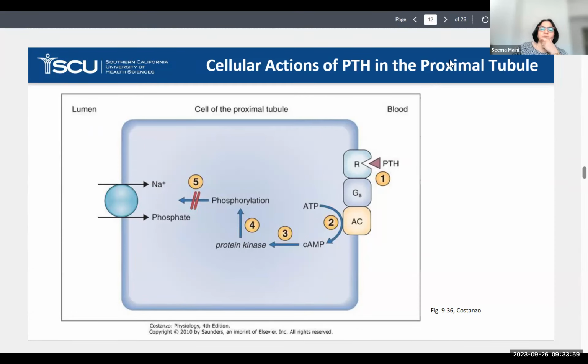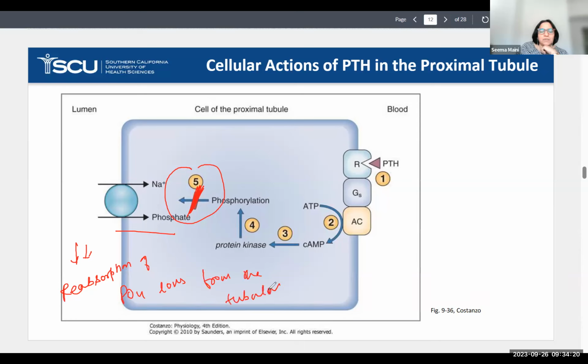it inhibits, I'm so sorry, it inhibits this sodium phosphate pump. So there is decreased reabsorption of phosphate ions from the tubular cells. If parathyroid hormone was not binding with the receptors, you would have this reabsorption.